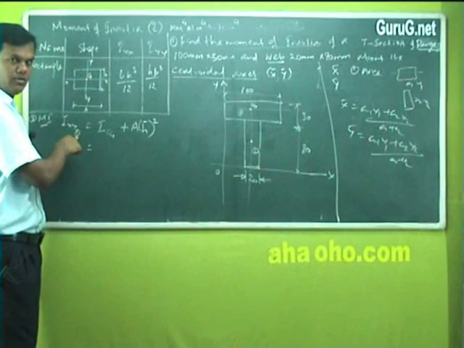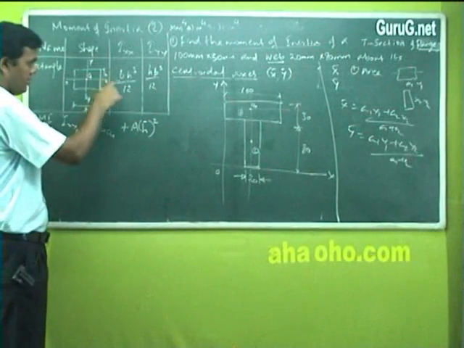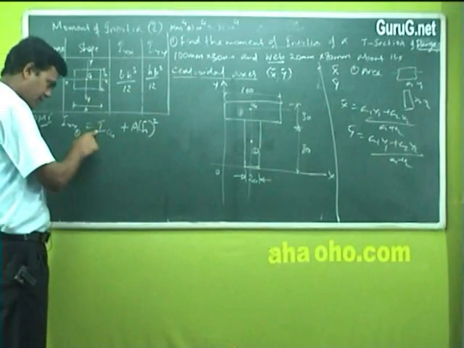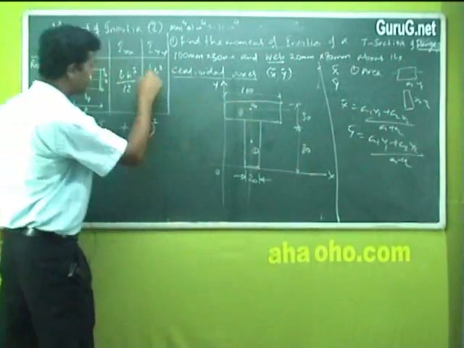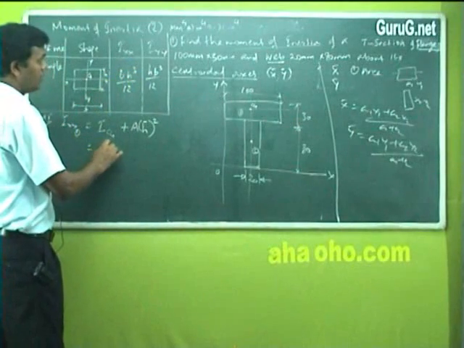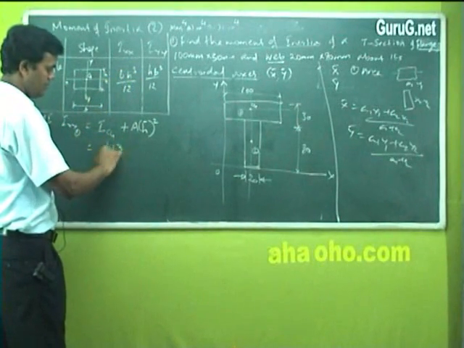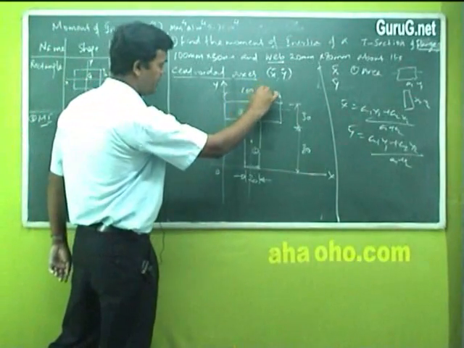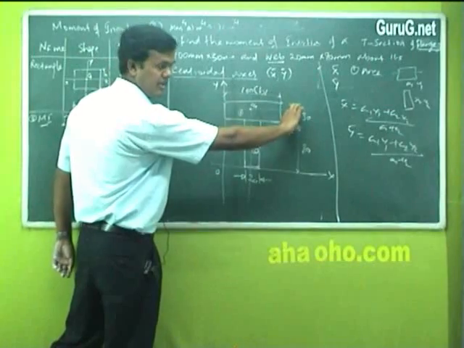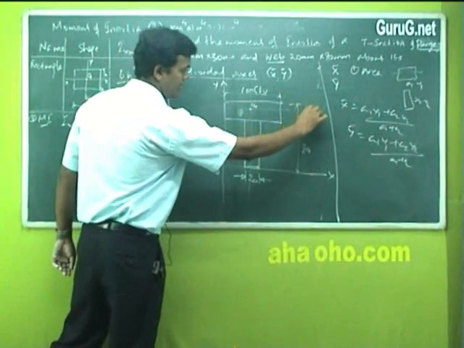For Ixx, for this particular body, the moment of inertia with respect to CG, that is the centroidal axis, this is the formula given directly. What is this one? BH cube by 12. What is B here? 100. This is B. What is H here for this rectangle? I mean this H.